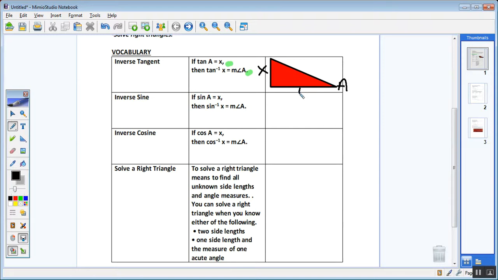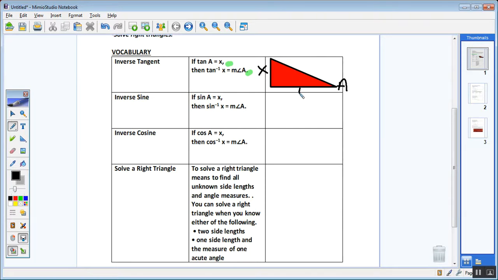Do you guys agree that the tangent of angle A is equal to x over 1 there? Yeah. Okay, so what that would say then is this. The inverse of this ratio x over 1 would equal angle A. And we'll look at some examples like this here in a little bit. There's not really too many pictures to put in here today, all right?